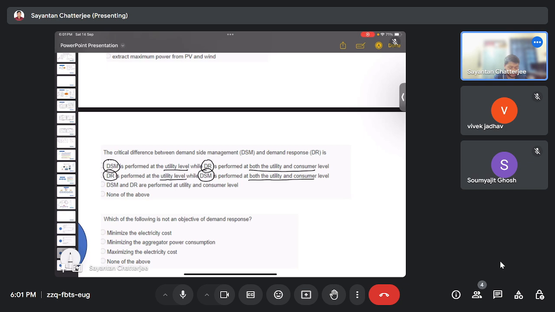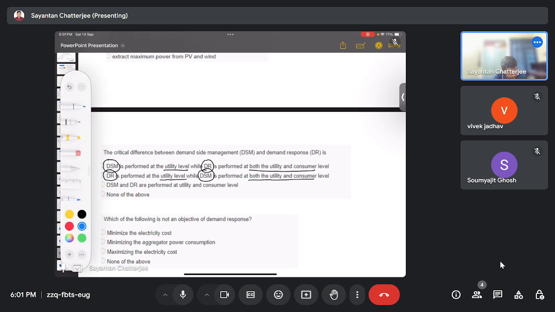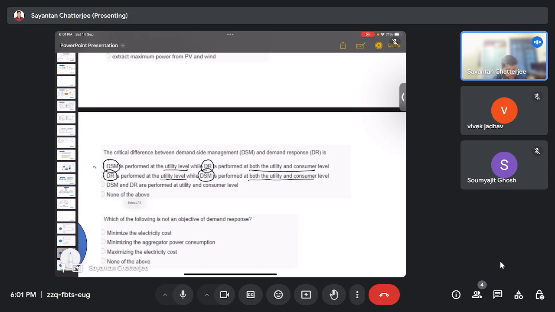Any idea? So it is DSM is performed at the utility level.